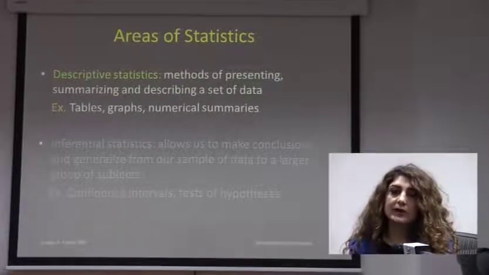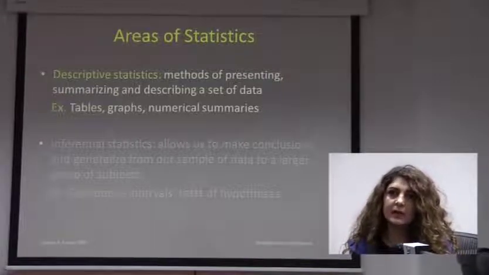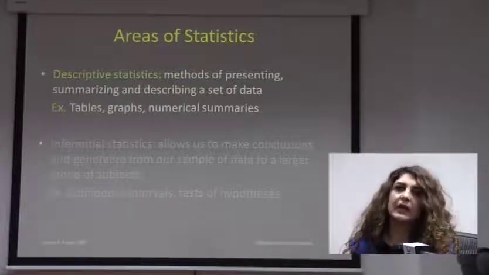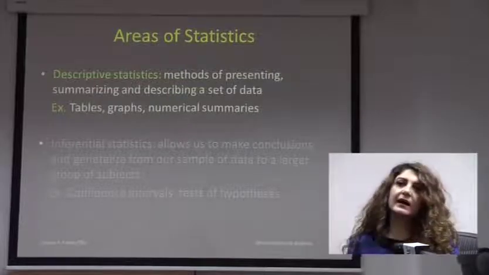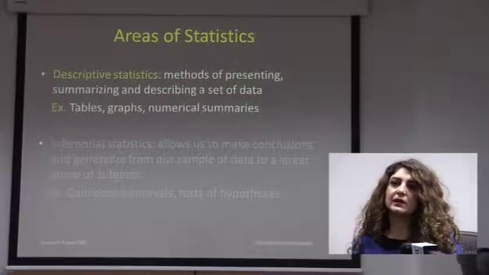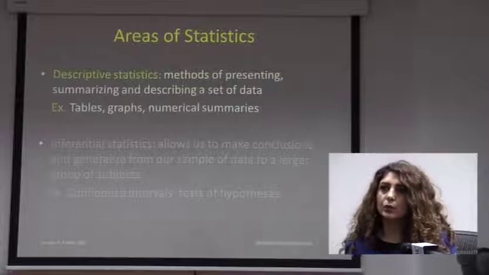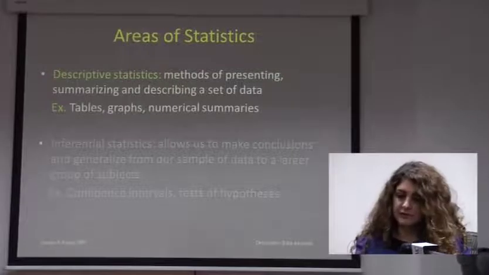So we do tables, we do graphs, some numerical summaries to describe, summarize, and present our data set in an understandable way. Now, inferential statistics is another area, and this is when we move one step further and start using what we got in our sample to come up with generalization of our conclusions, like confidence intervals and p-values.